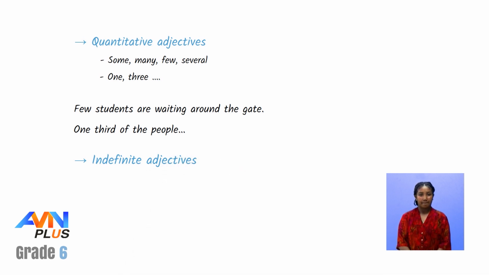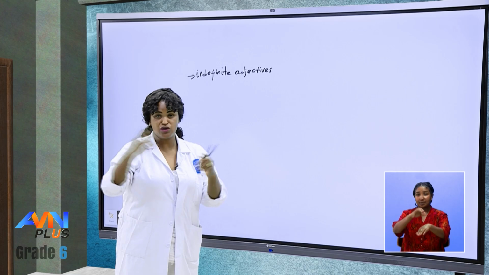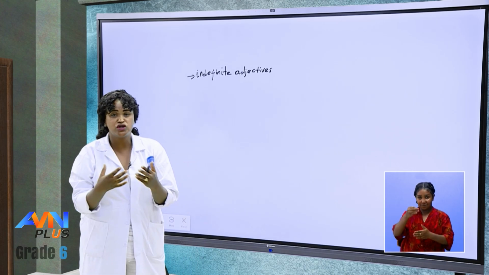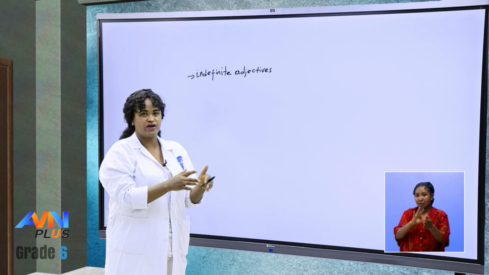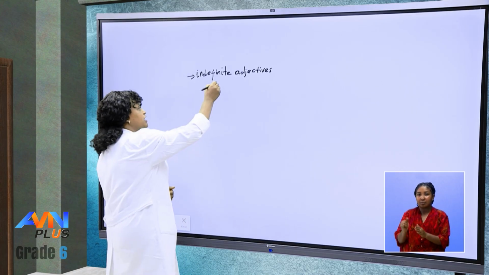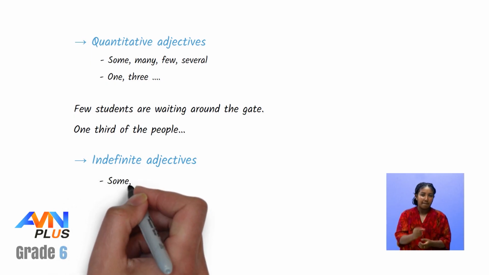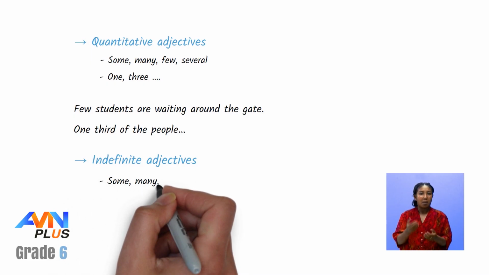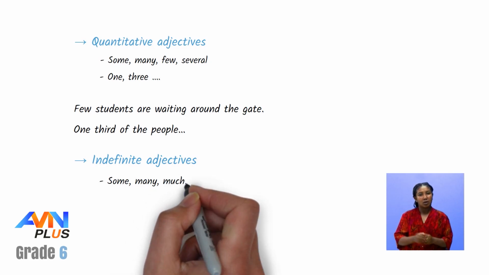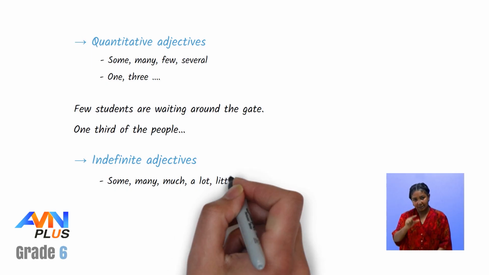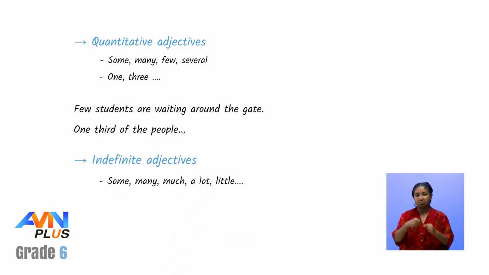We can also call them indefinite pronouns when it comes to the case of pronouns. This is indefinite because they don't tell you the exact number. These are, as we mentioned earlier, words like some, many, much, a lot, a little, etc. These are indefinite.